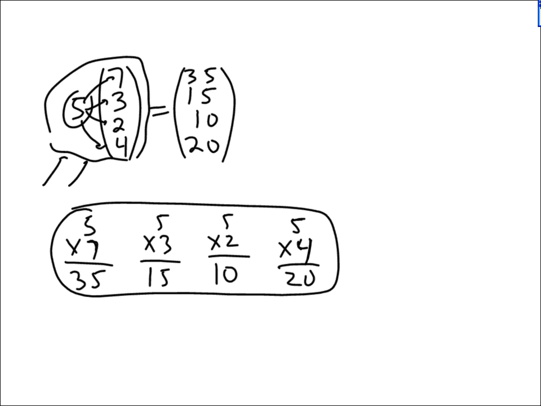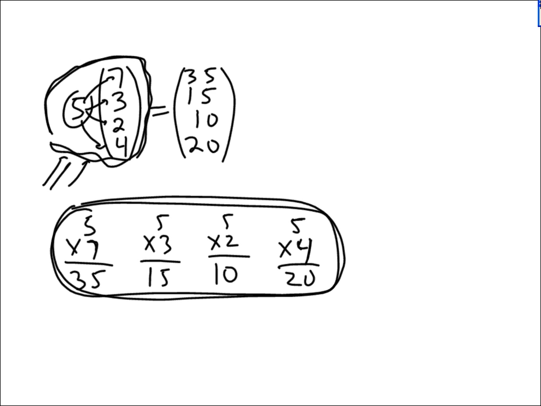What does this problem mean? What does this enclosure mean? It means do these 4 problems. That's all it means. Nothing more, nothing less. And you have to put the answers 35, 15, 10, and 20 in the correct places. 7 was first, so you put the answer to 5 times 7 first. 3 was next. 5 times 3 is 15. 5 times 2 is 10. 5 times that 4 is 20.